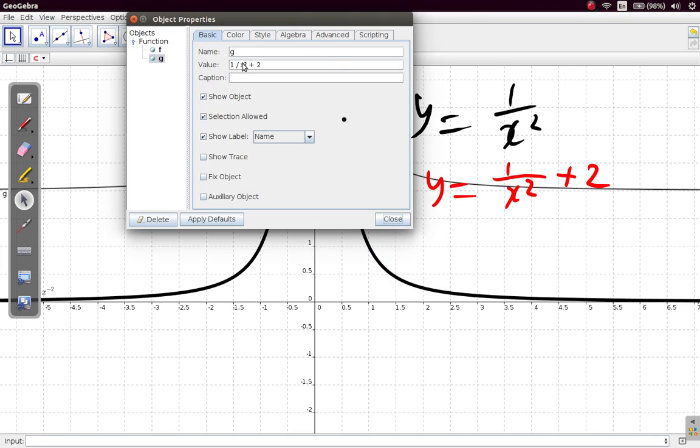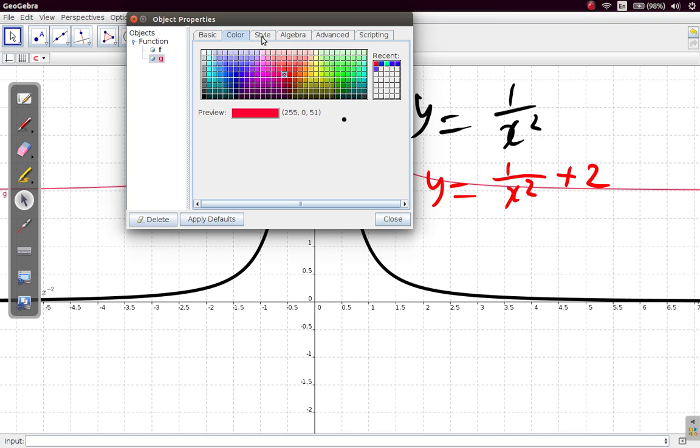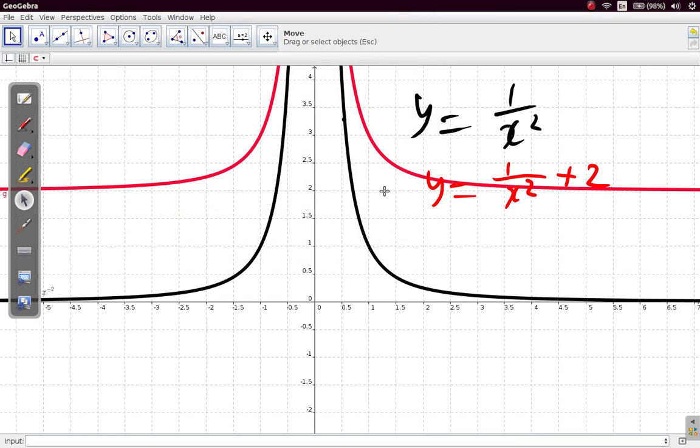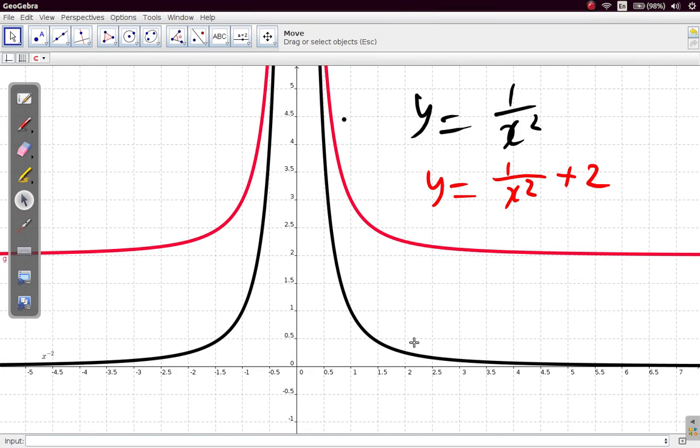Let's modify the curve on this graph, making it red and making it thicker. So what you have here is that each point, for example 1, you add 2 to it. 1 becomes 3 because 2 plus 1 is 3. When you have 0.5 here, 2 plus 0.5 gives you 2.5, which is this. Same graph, 1 over x squared, but you add 2 to it.